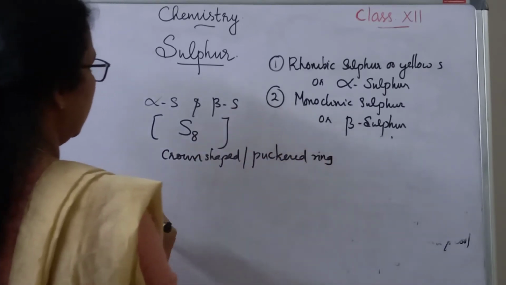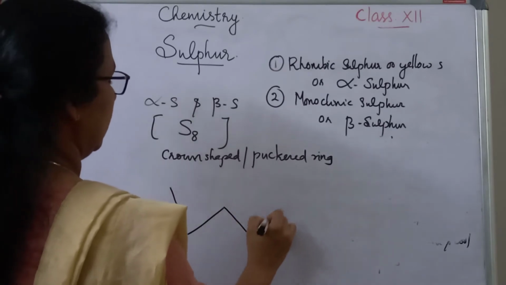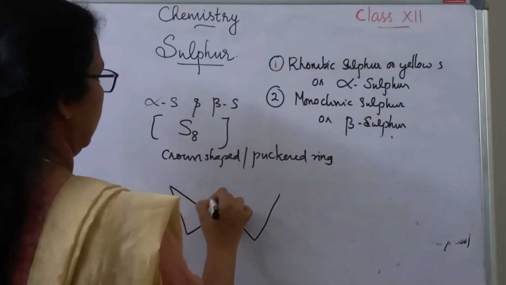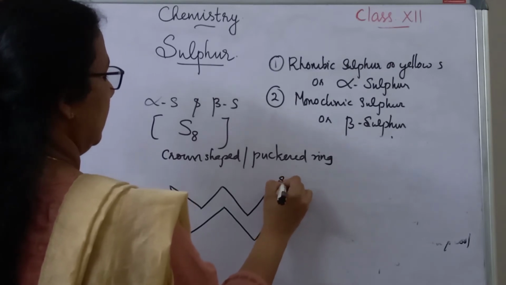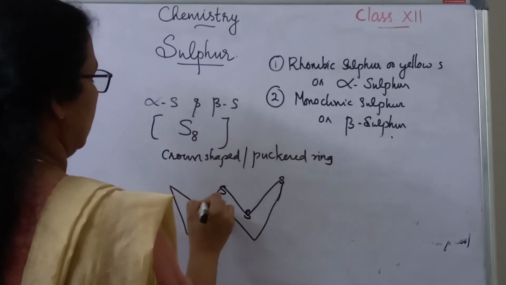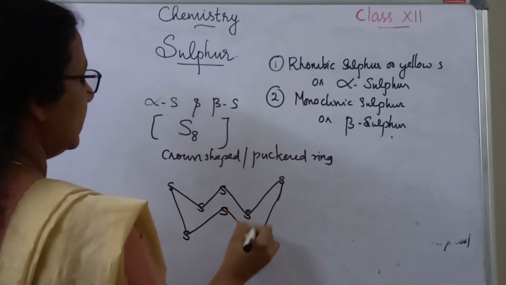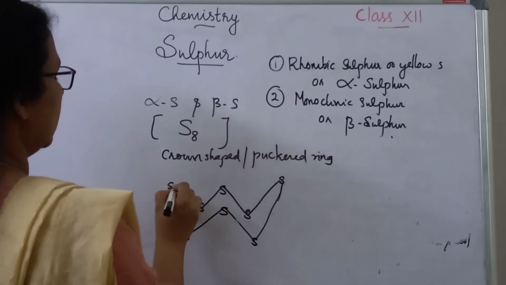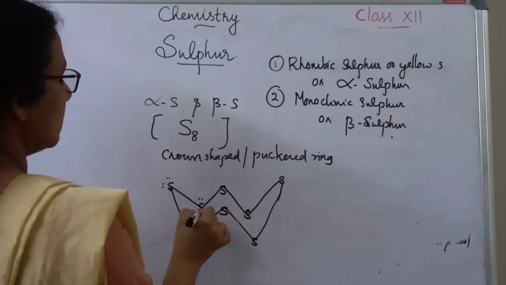We can draw the structure: 8 sulfur atoms are here, and we can draw the lone pairs also.